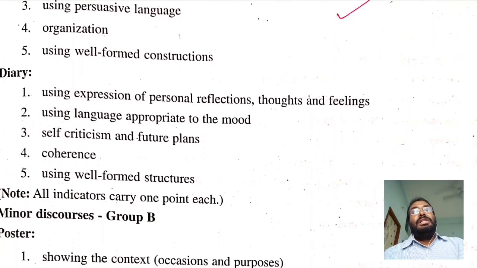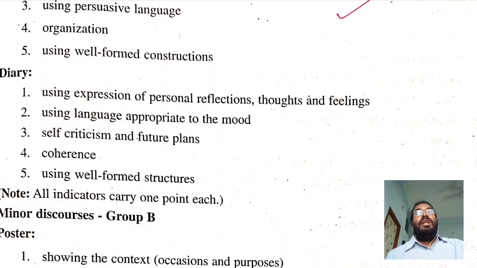Then the third one is that of diary. Diary is actually a personal reflection or even thoughts and feelings. So, it should be in first person. We cannot write the diary of other people. So, first of all, we have to write our own diary.